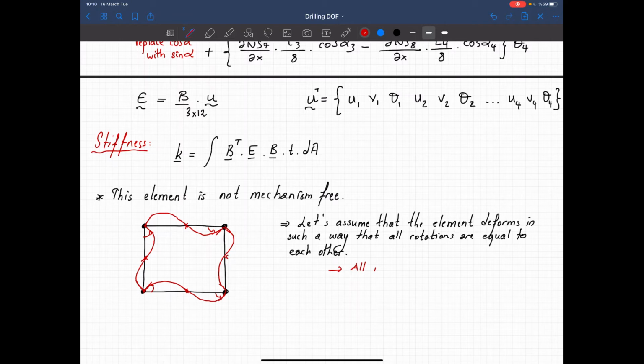All mid-edge translations are equal to 0. So what does that mean? For this given deformed shape, there's no stiffness in the element. In other words, the stiffness matrix that we generate cannot provide any resistance for this given deformed configuration.